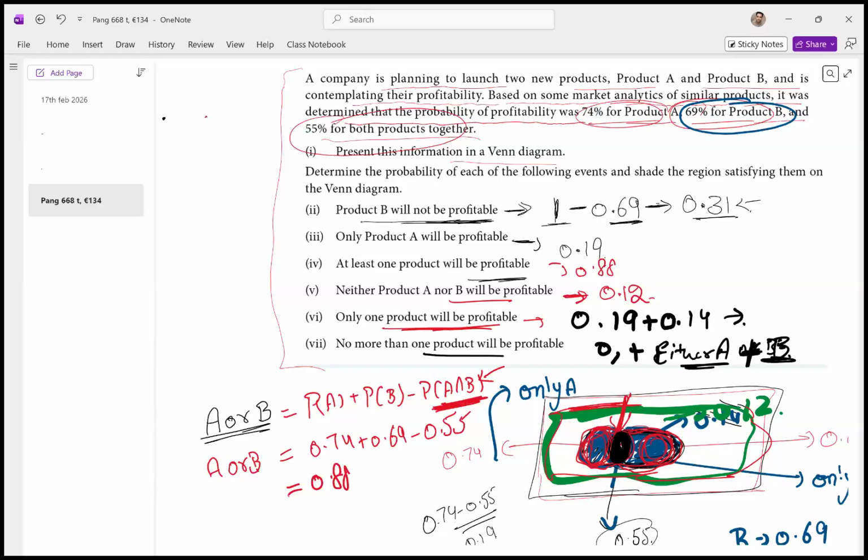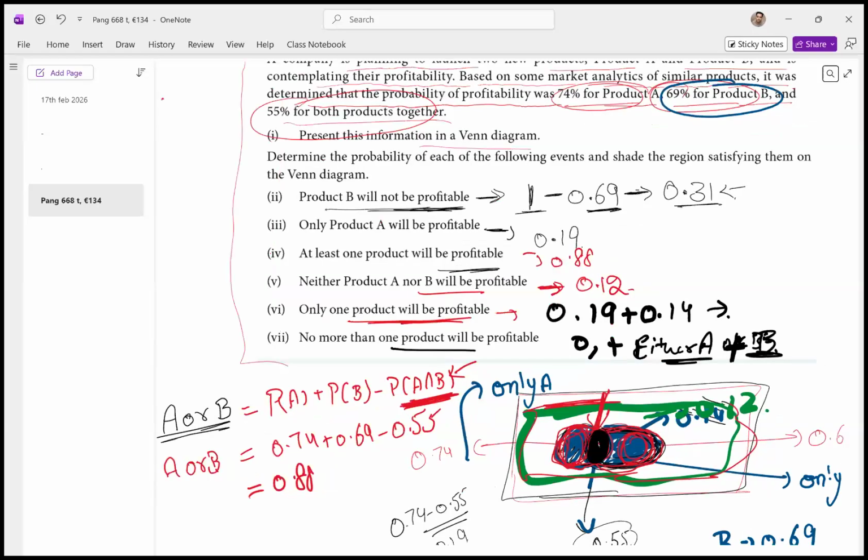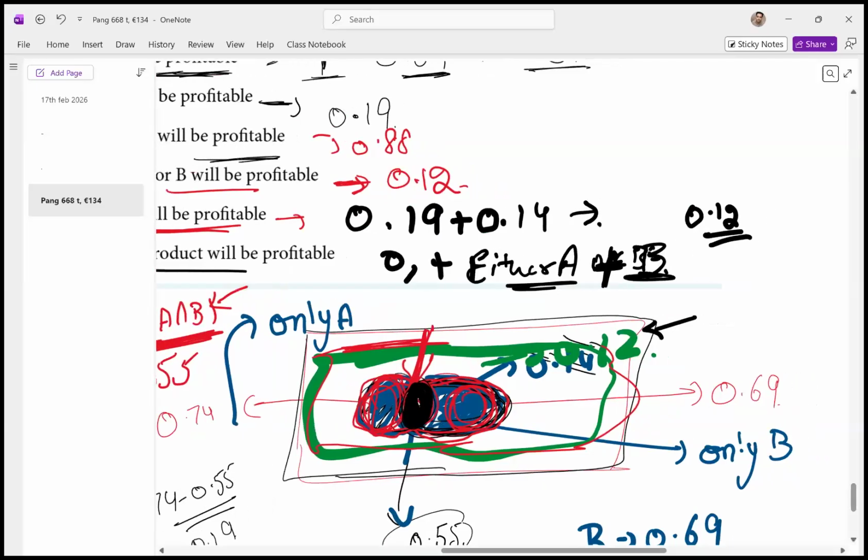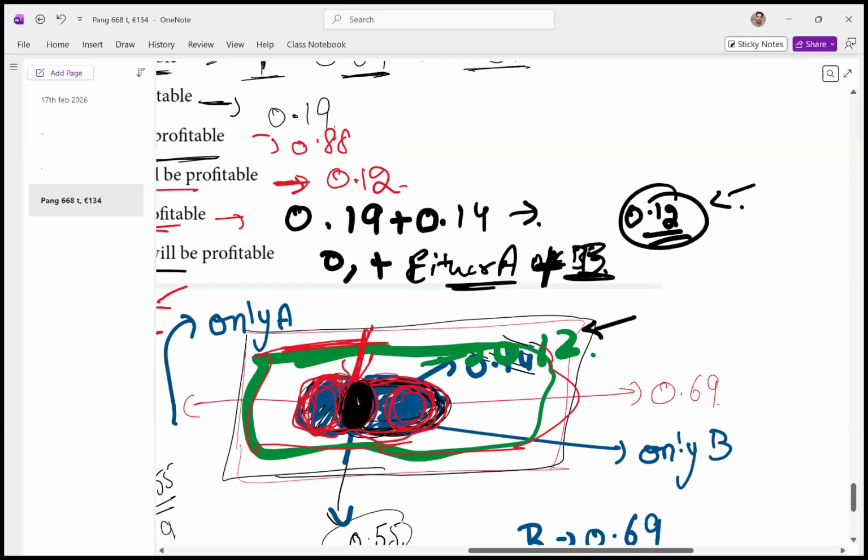Yeah, I guess you got it. You know what I'm trying to say. Zero products profitable means 0.12. 0.12 is the probability for none of the products being profitable.